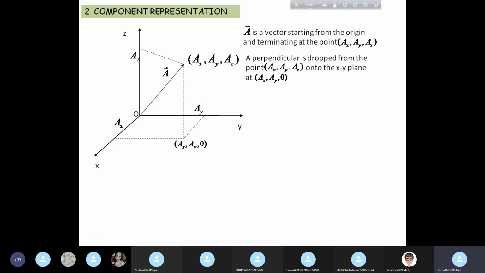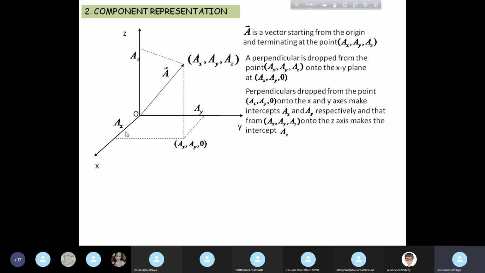And from this point again, we drop a perpendicular to the x and y axes. Okay, so these are the intercepts. This portion here is the intercept on the x-axis, we call it ax. The intercept on the y-axis is called ay, and the intercept on the z-axis is called az. Okay.